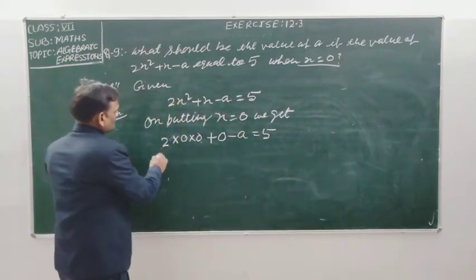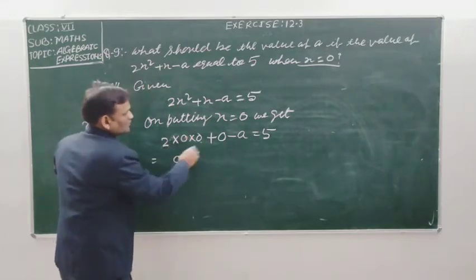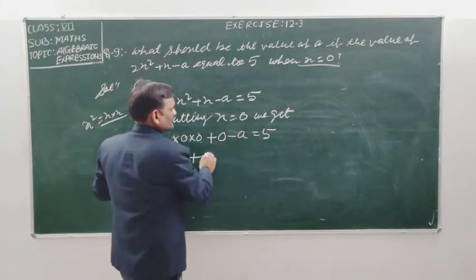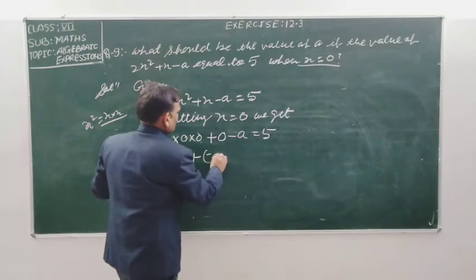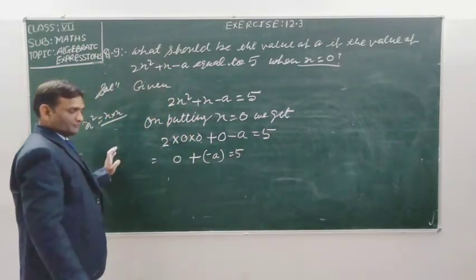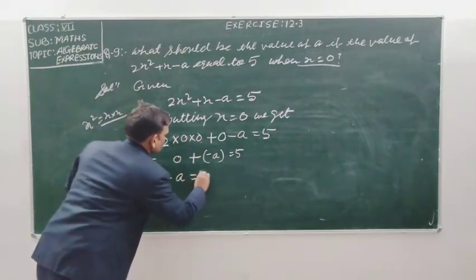So student, 2 into 0 that is 0, plus 0 minus a. It means minus a is equal to 5. In an easy way you can say minus a is equal to 5.